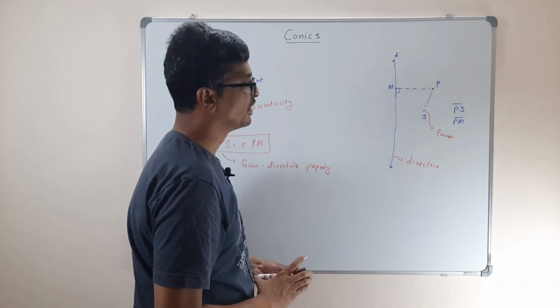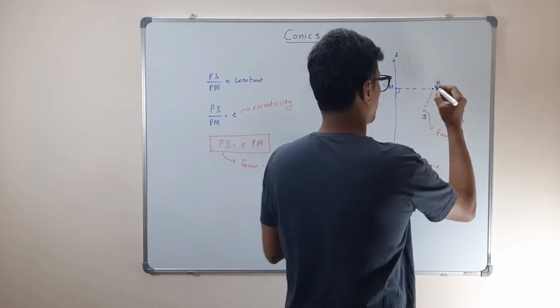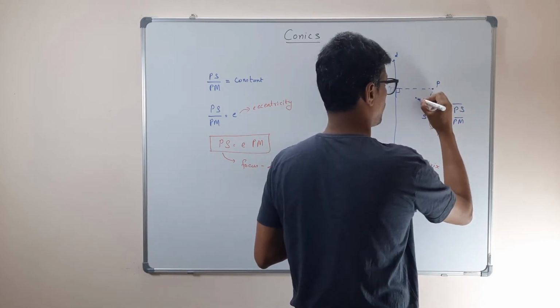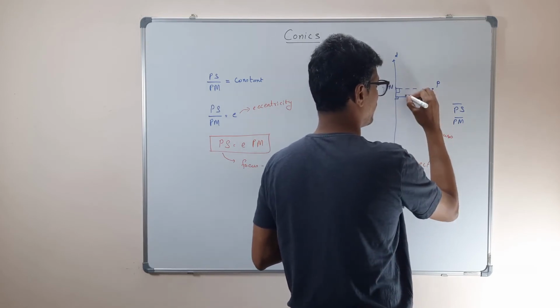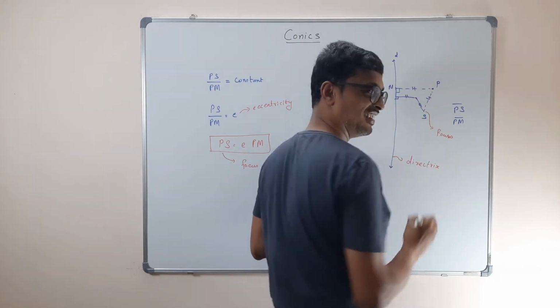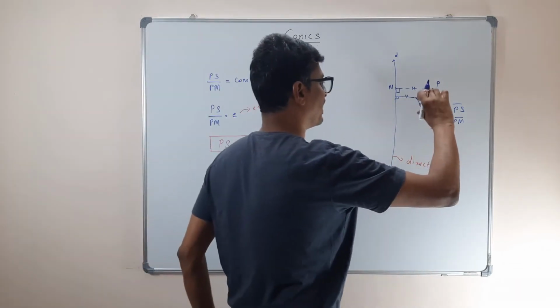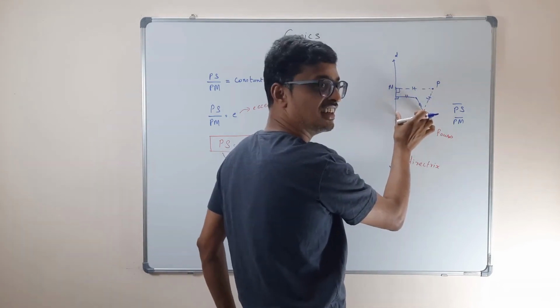So remember, as the point moves, suppose I keep the point here. What it says is this distance and this distance should be equal. Don't take this other distance, that's the mistake I was trying to make.